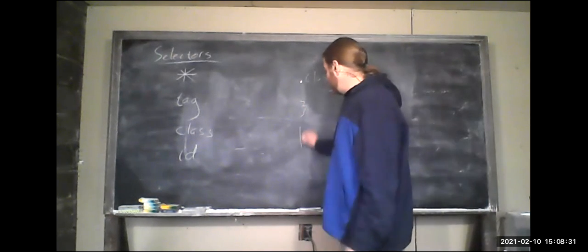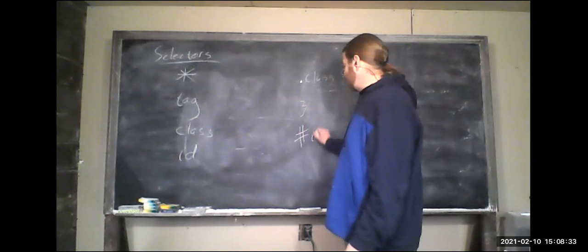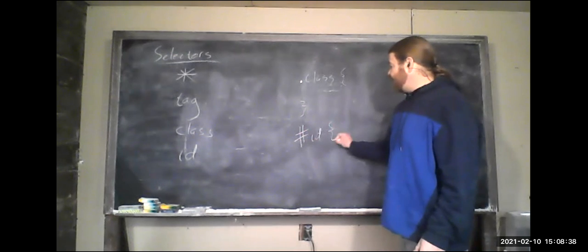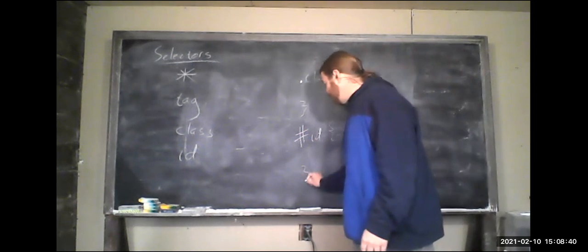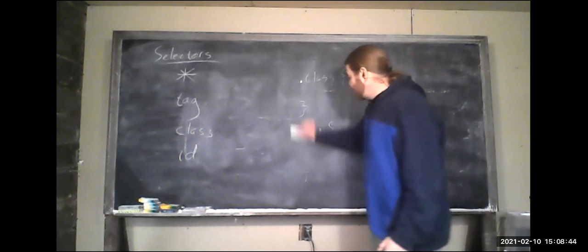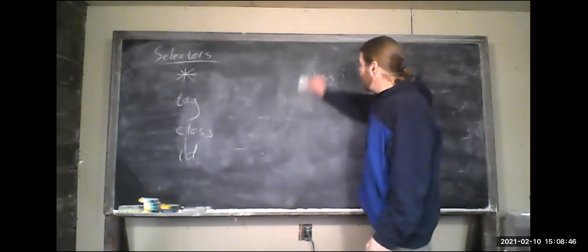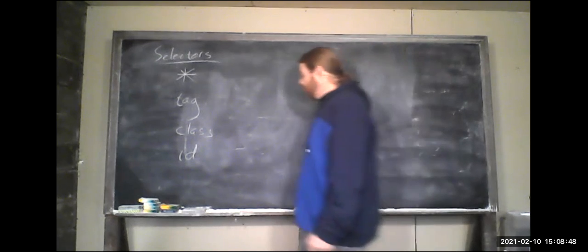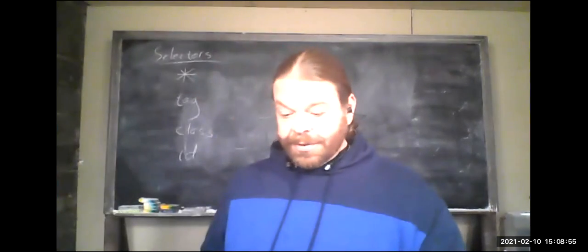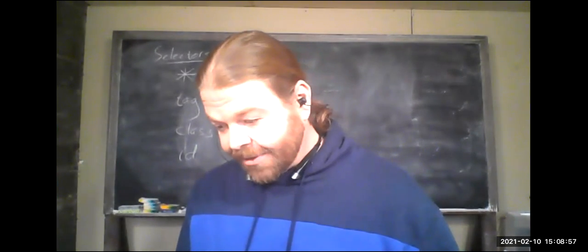Or with our ID, we use just the hashtag, whatever ID we gave it, and then fill out all our style rules. So that's the ones we've seen so far. But there are still more ways we can select things. I guess we can look at them through an example, unless I had something in the intro to the notes here.